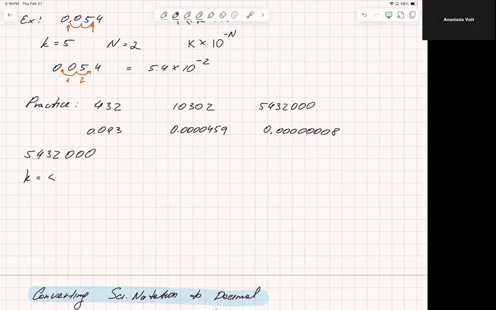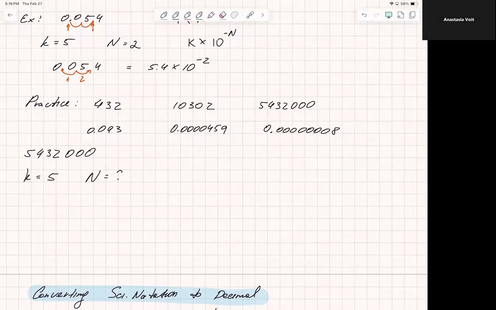So in this case, K is 5, because it's between 1 and 10, not including 10. Now, what would be our N? Since this is a whole number, the decimal point is located at the very end. We want it to be here. How many places do we need to move our decimal point? Let's count. 1, 2, 3, 4, 5, 6. So N is equal to 6.